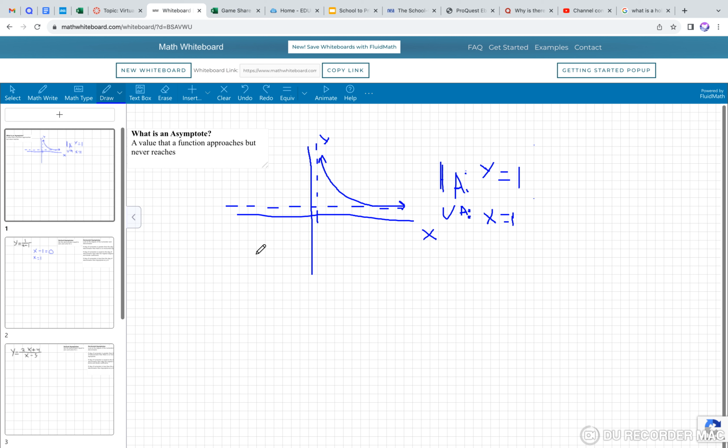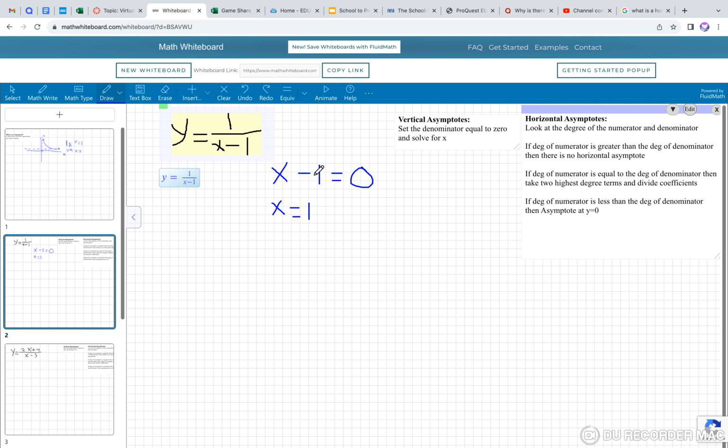So it's important to be able to tell if a certain graph will have vertical asymptotes, horizontal asymptotes, and whatnot. So we're going to see a couple examples of how to identify if there are vertical asymptotes or horizontal asymptotes, and also how to find what these asymptotes are just by looking at a function.